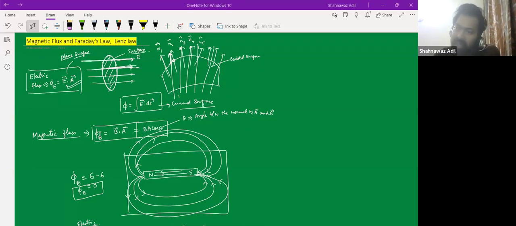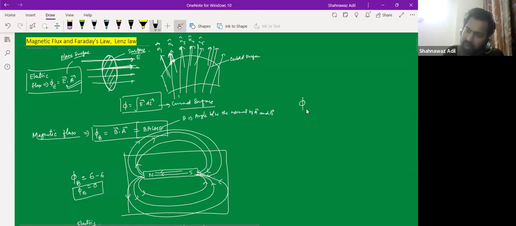Can you guys tell me how many parameters there are on which this magnetic flux is dependent? Magnetic flux is dependent upon how many parameters?